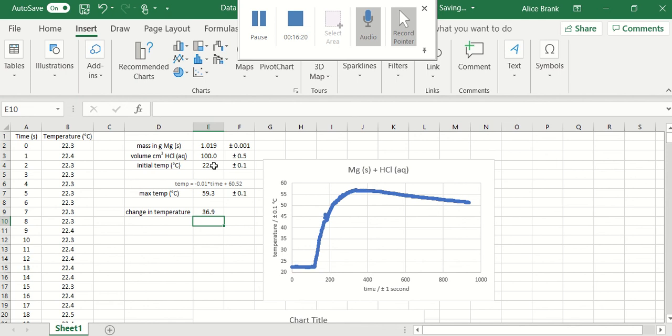Now what's the uncertainty here going to be? Is it going to still be 0.1? When you add or subtract, you add the absolute uncertainties, right? So it's going to be plus or minus 1.